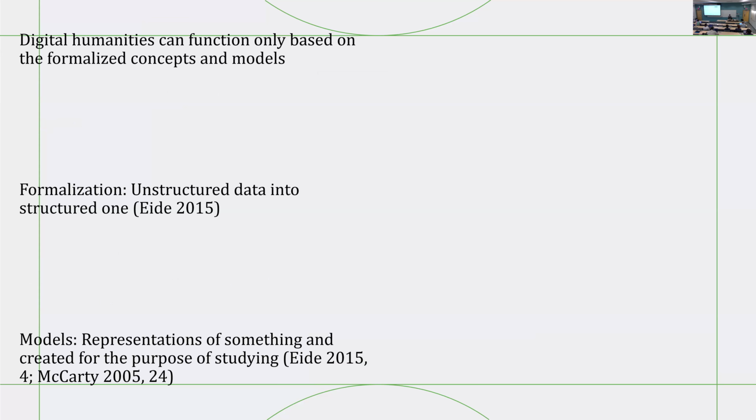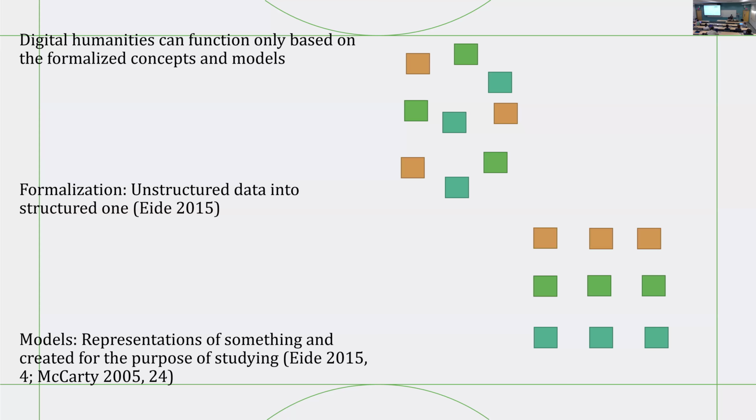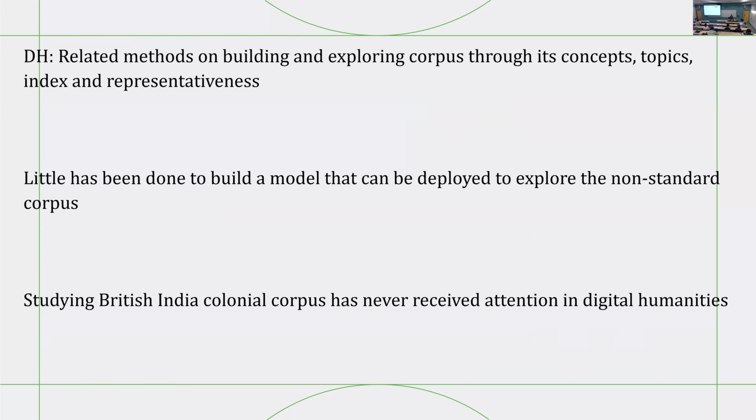But on the other hand, in digital humanities, it's more about formalized concepts and models. These concepts are mostly unstructured, but digital humanities cannot study unstructured data. It needs to be formalized so that we can use algorithms or coding to extract information.